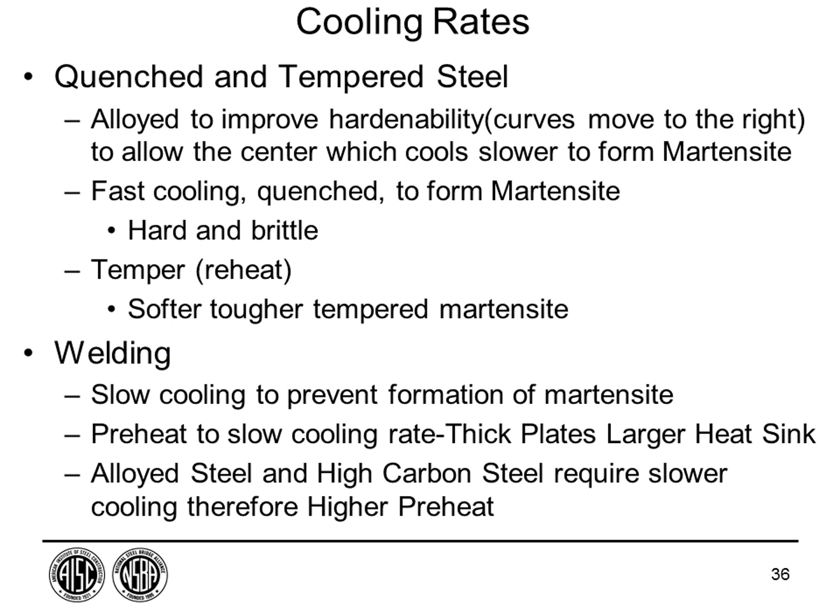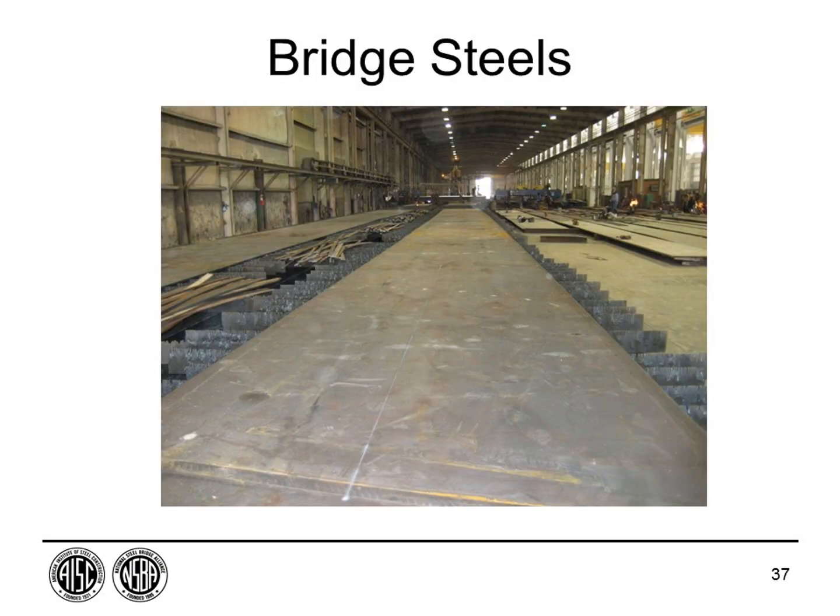Alloyed steel and high carbon steel require a slower cooling rate because that curve moves to the right, so those plates will also need higher preheat. So as we go to higher strength steels and higher carbon steels, we have to go to higher preheats.